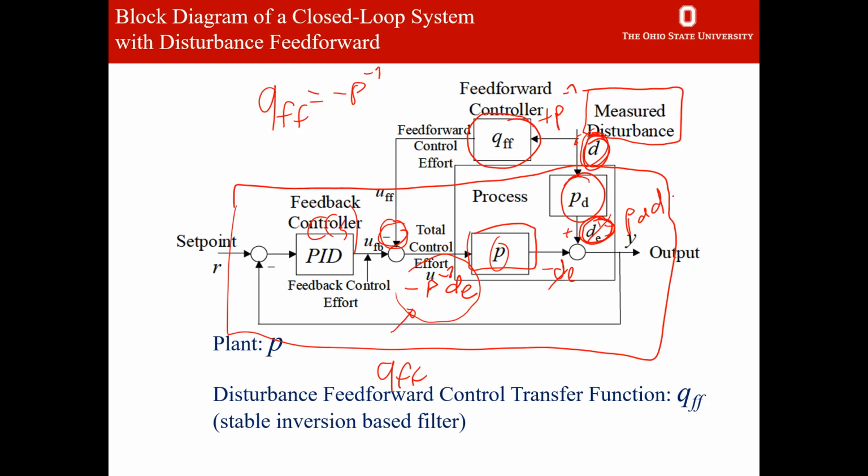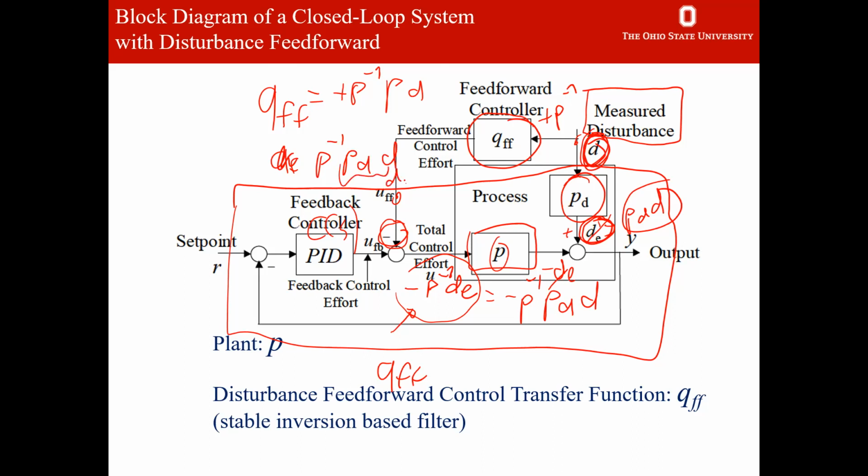I'm sorry, DE is equal to PD times D. So this is minus P inverse times PD times D. I have D here, so it's P inverse times PD. Let's put a plus. At this point, then I'm going to have QFF. Let's forget about that. P inverse times PD times D.